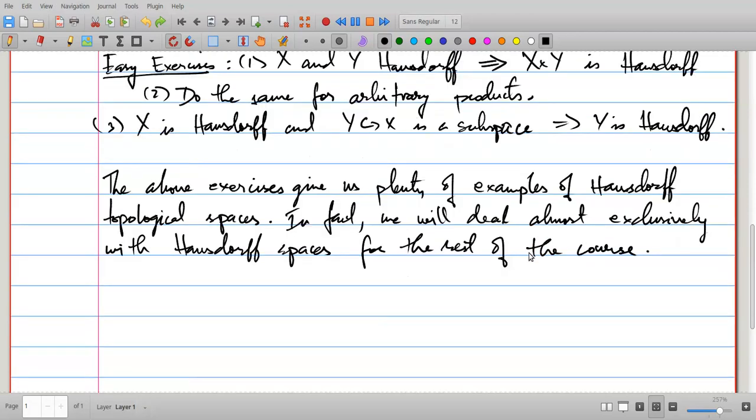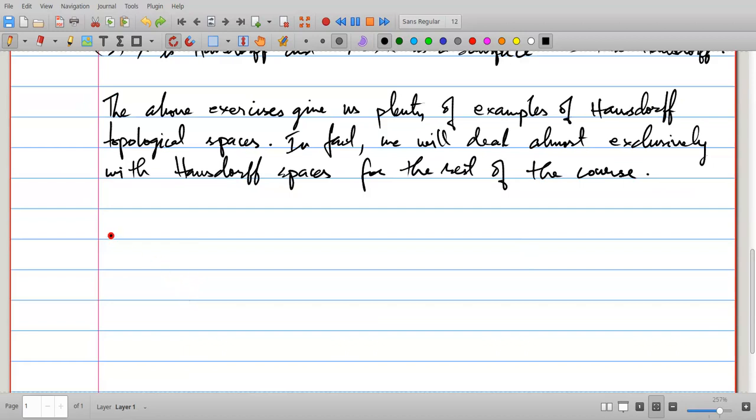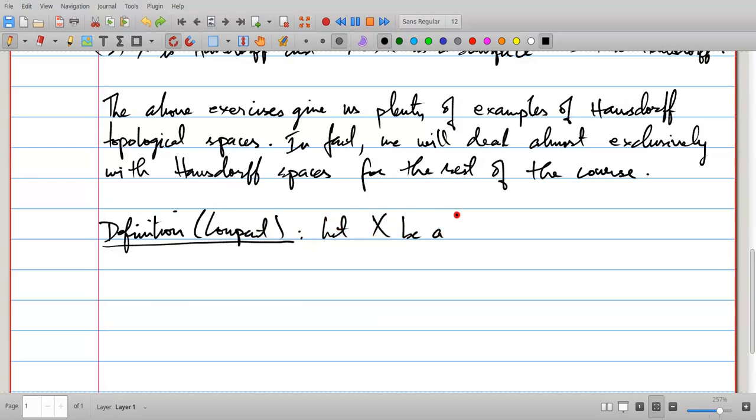So now that we know what Hausdorff spaces are, we can define compact spaces. So let X be a Hausdorff topological space. I need not have mentioned this hypothesis because from now on all spaces are Hausdorff.